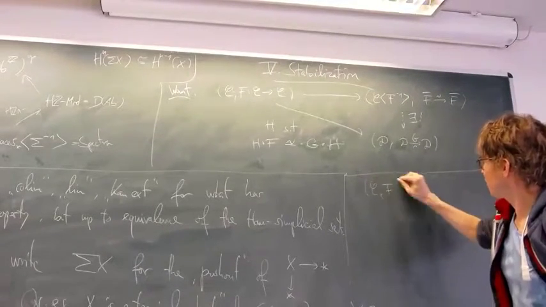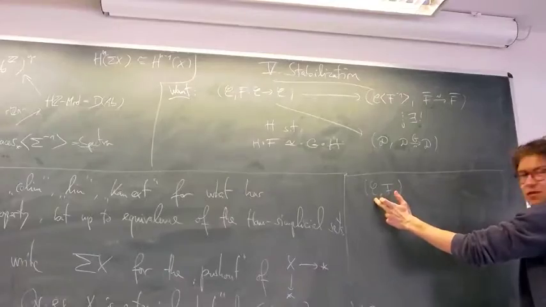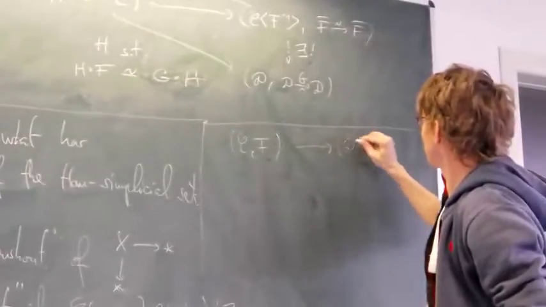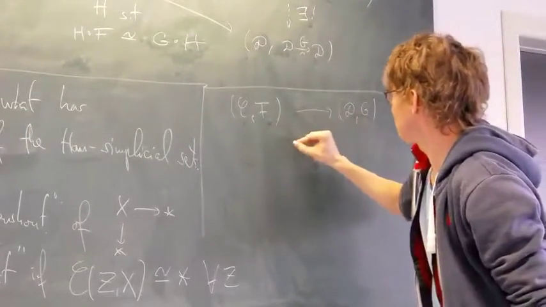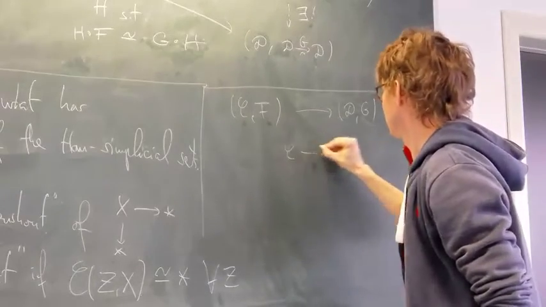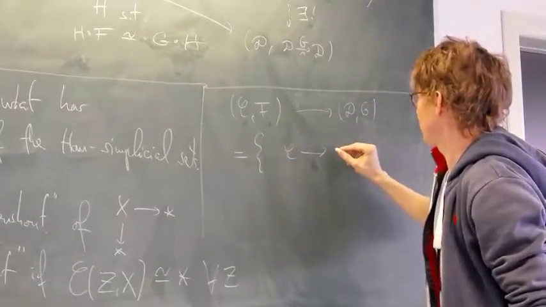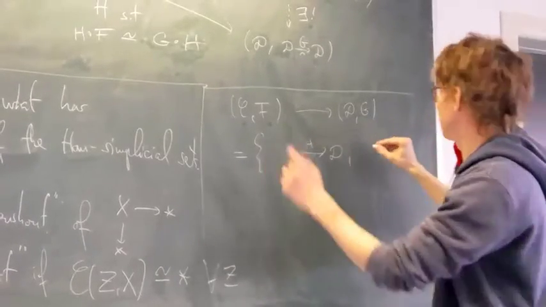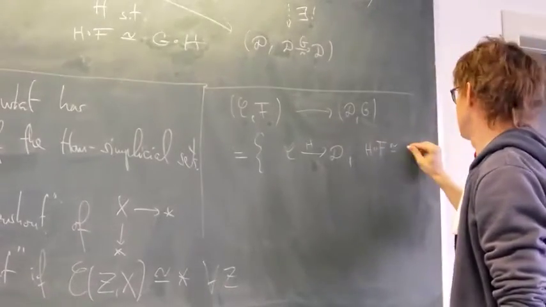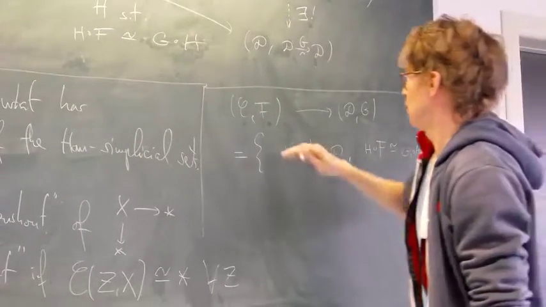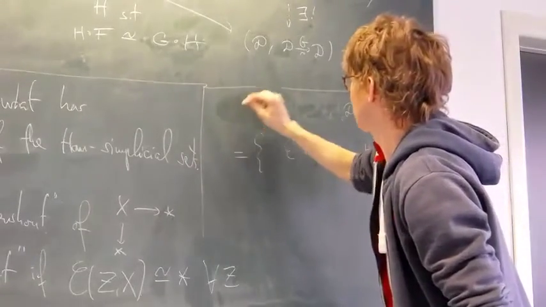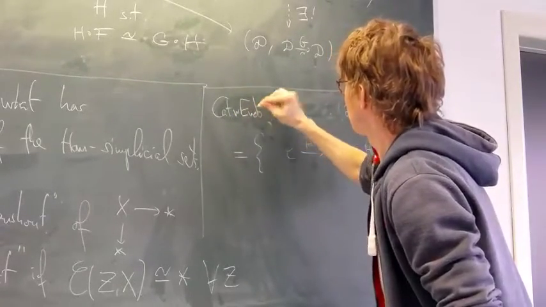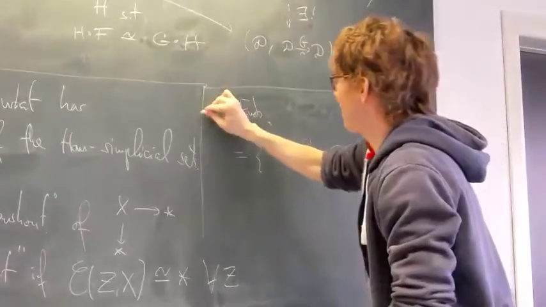I can form a category whose objects are infinity categories and endofunctors. Let's say a functor between two such things is a functor from C to D, plus an equivalence, I copy it, H after F to G after H. So we can form an infinity category of infinity categories with endofunctors.